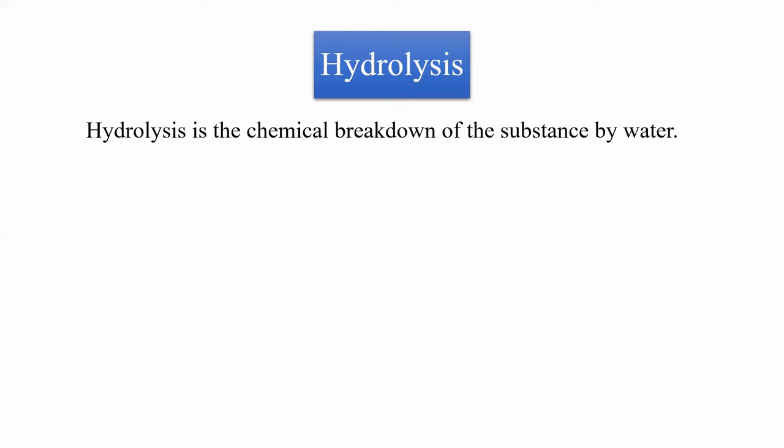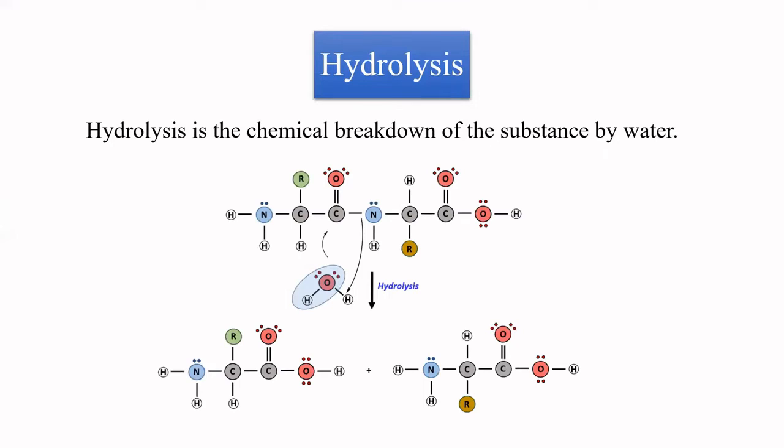Now, how is this hydrolysis connected with our daily life? Consider the proteins that we eat. If you look at this protein part here, you can see these are the peptide linkages of the protein. Whatever protein we eat is hydrolyzed in our body.